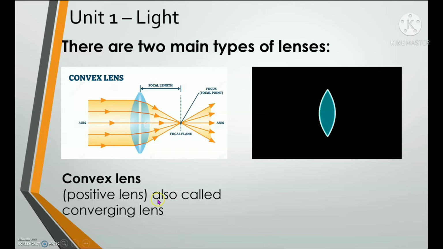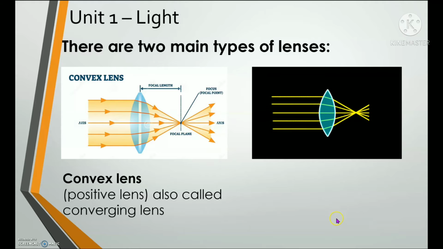Very good, because a converging lens converges all the light rays together in a single point. Now let's move on to the next slide.